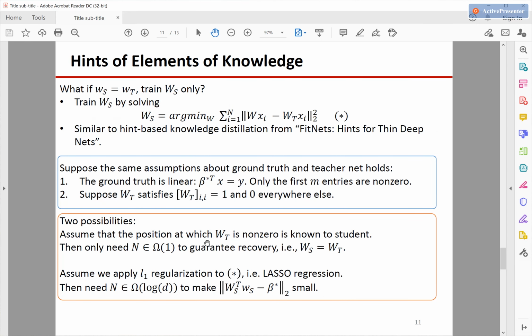Now let's look at the other factor, which is structural connection. Let's assume the opposite thing.